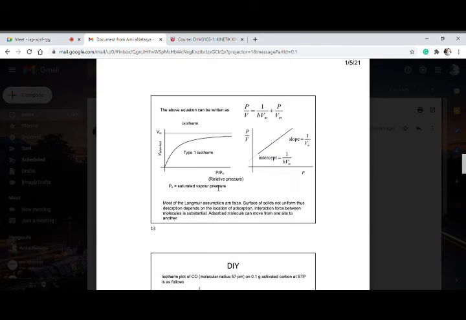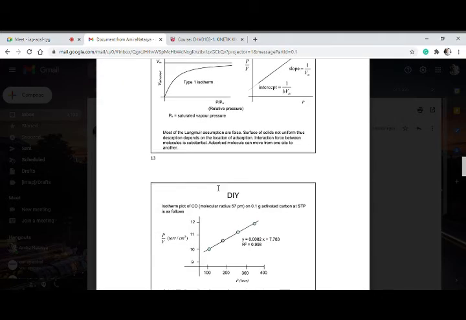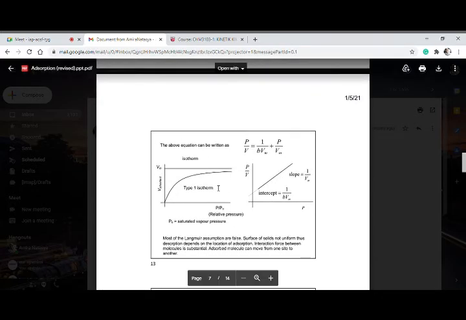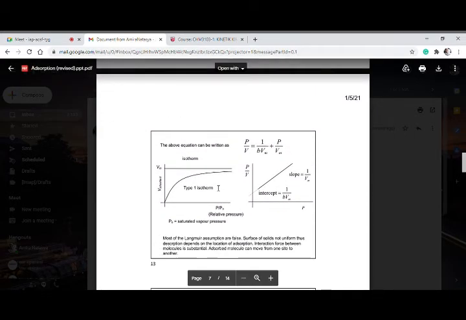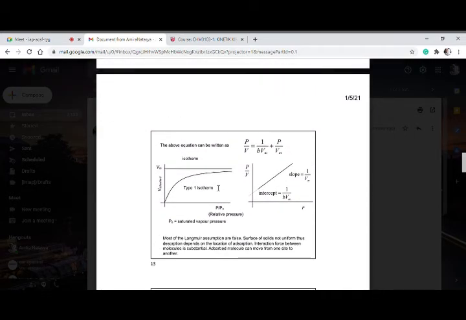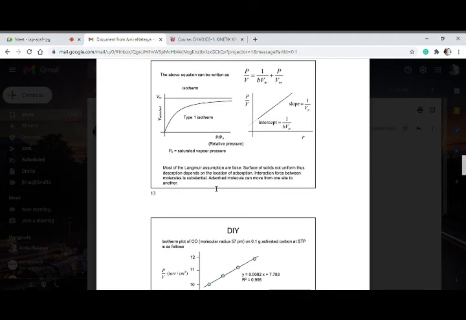This is where you can read the value of VM, and then after that the adsorption keeps occurring and forms another layer, and a second layer, and so on. You can go on and form layers and layers, a number of layers. So the adsorption can occur in multi-layer.